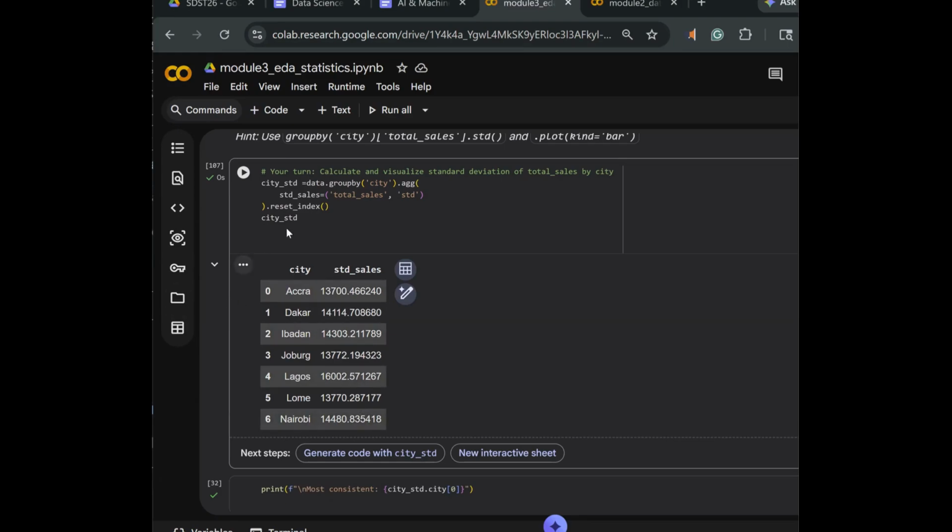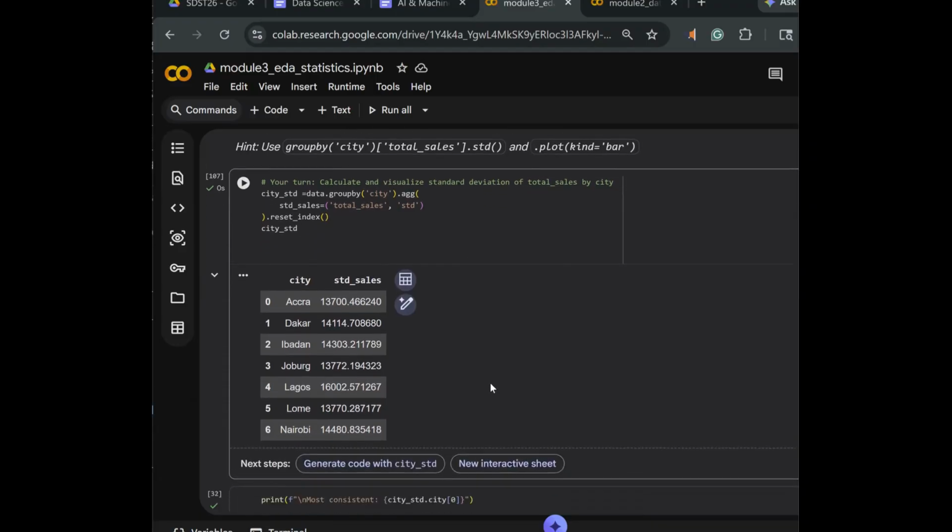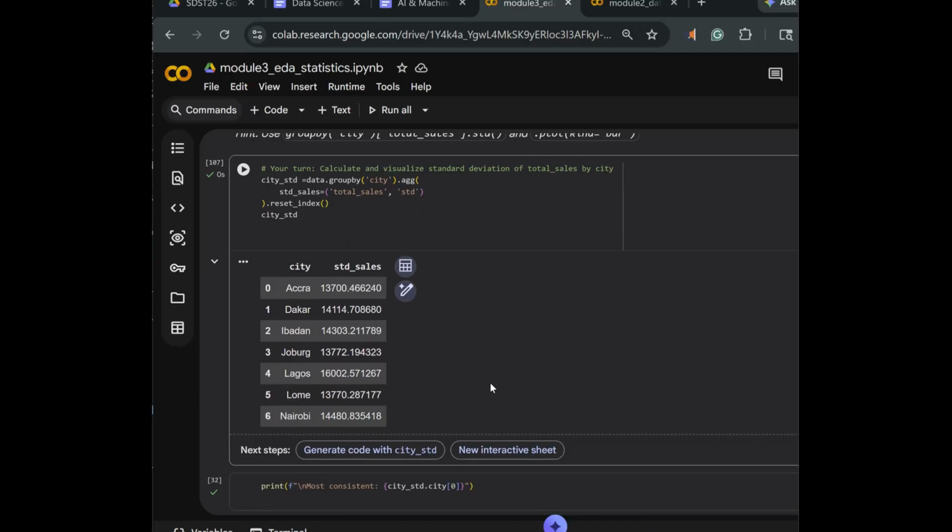Now what's the question? We were told: which city has the most consistent sales? The city with the most consistent sales would be the city with the minimum variation. So how do we get the minimum variation?